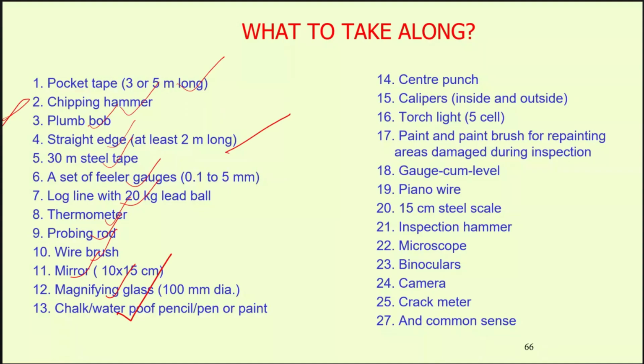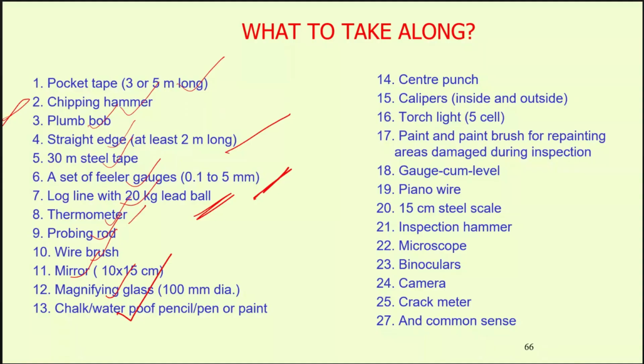Steel tape is to measure the distance between the various components accurately. Feeler gauge will tell you when the structural components are supposed to be in close contact. You need to check whether it is in close contact, or the gap is closing, or it is wide open. Log line, this is to check the scour.